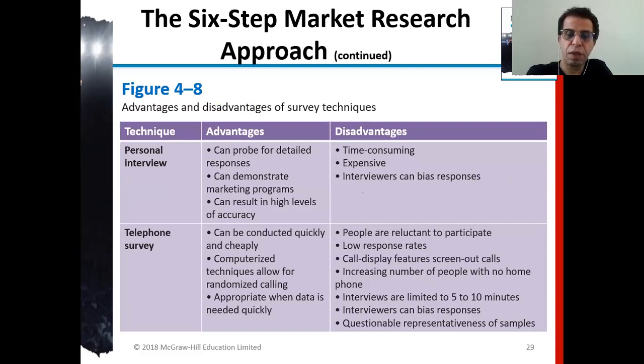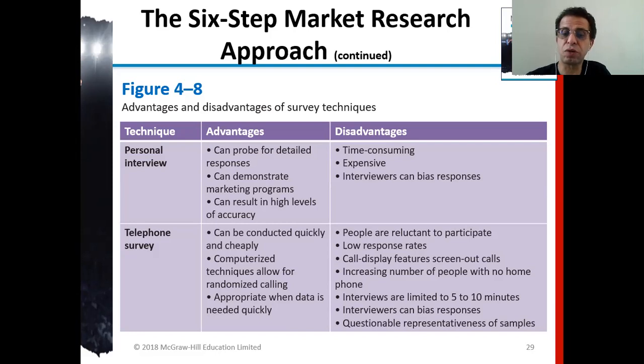Now, the advantages and disadvantages of survey techniques continue here when we talk about the personal interview. In the personal interview, as we said, you can probe for a detailed response: yes or no, and then more questions if it's no, more questions if it's yes, and it could be maybe, and more questions if it's maybe.